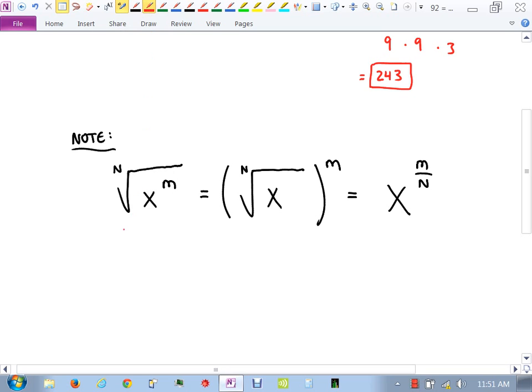And I'll put a little note under here. Power first, then root. This one, root first, then power.